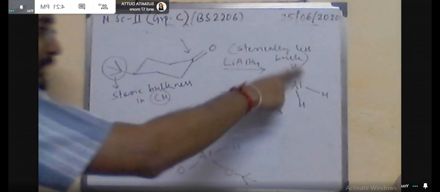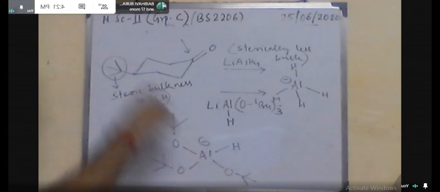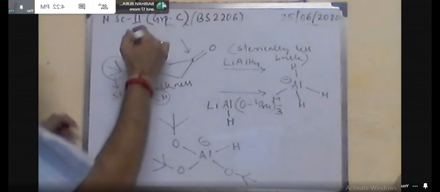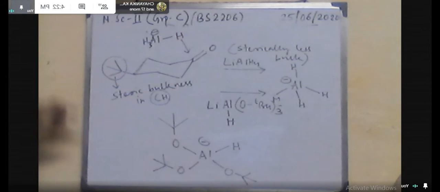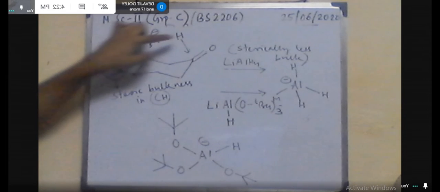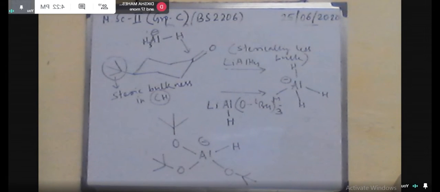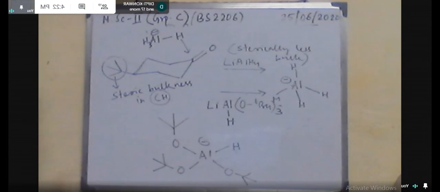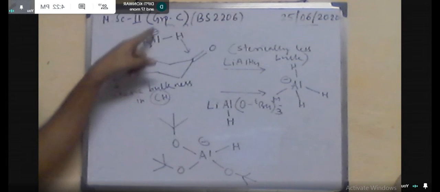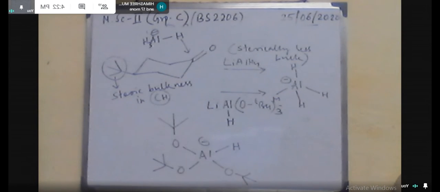But in case of the other one, that means the sterically bulkier reagent, lithium tri-tertiary butoxy aluminum hydride, in this case you can see that this face is accessible. That means the alpha face of the cyclohexanone ring is accessible for the hydride transfer. Why?